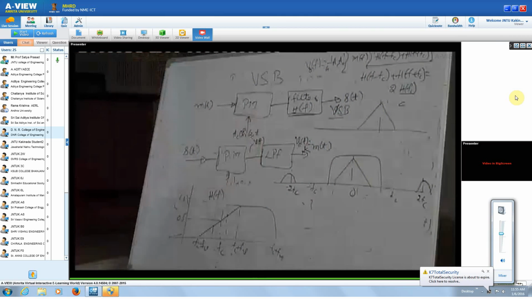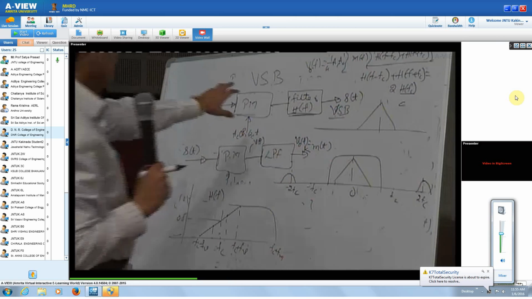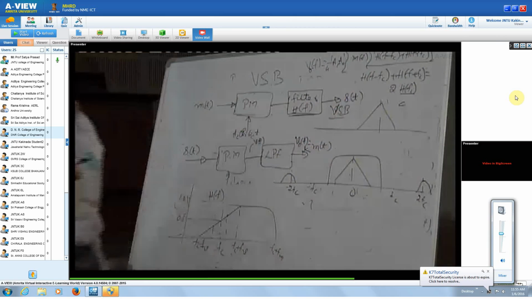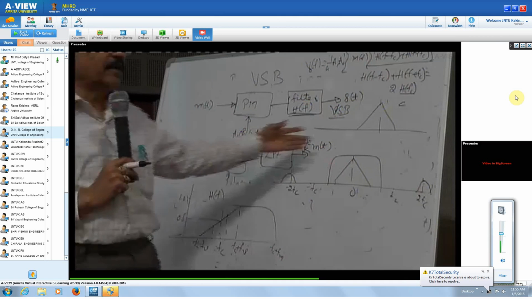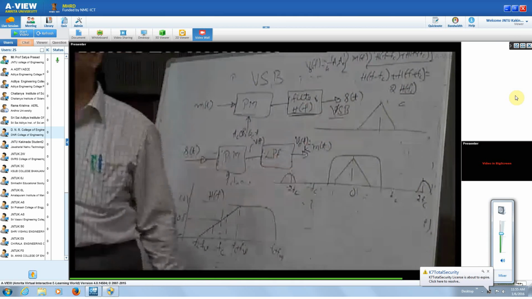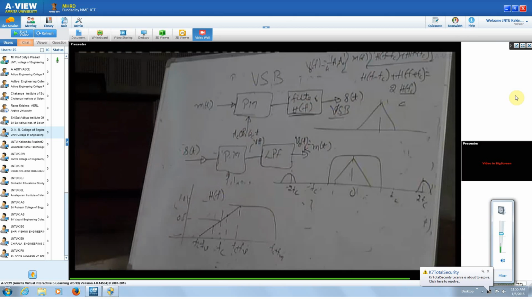We are getting your required baseband signal. Therefore, this is the basic principle of getting the VSB signal in the spectral domain. So far we have seen all the cases, the spectrum, how it moves and what variations you are going to get and so on.